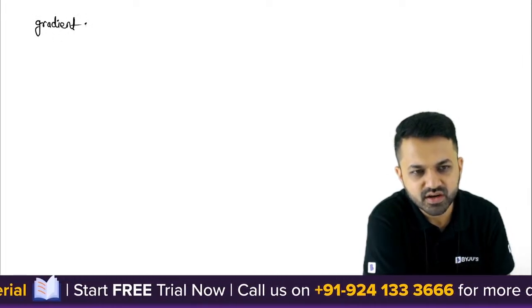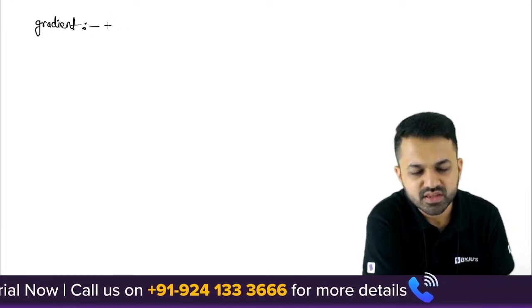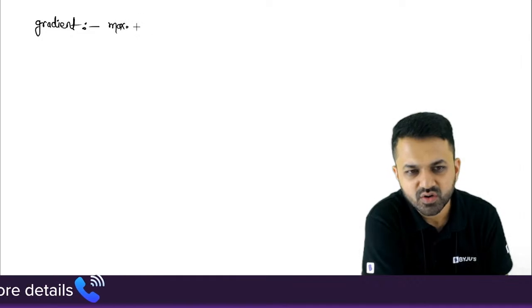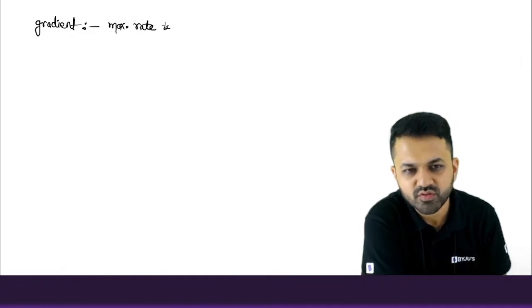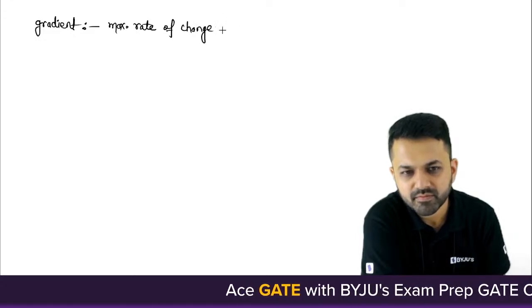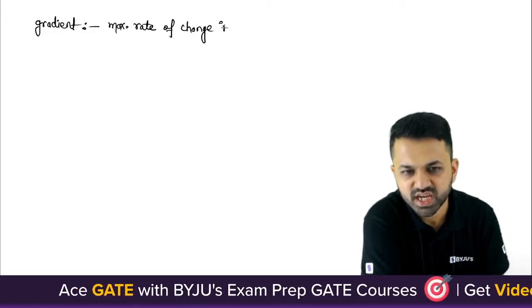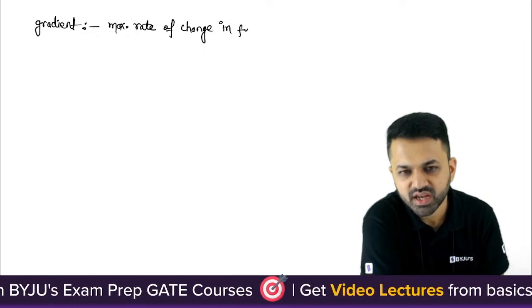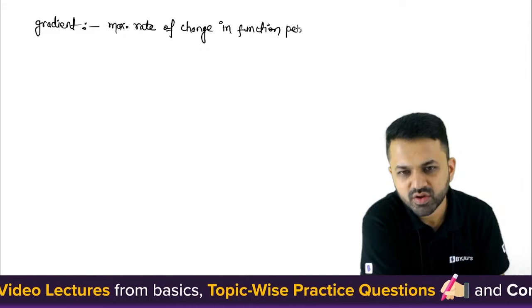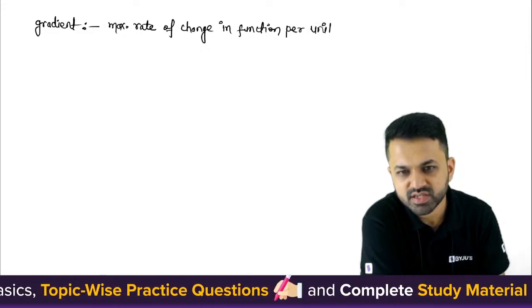When we calculate the gradient of any function, then we basically calculate the maximum rate of change per unit distance.